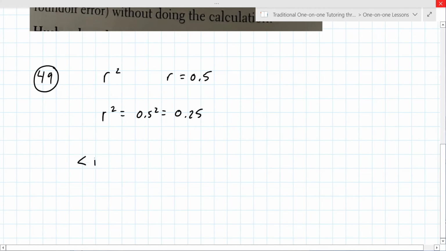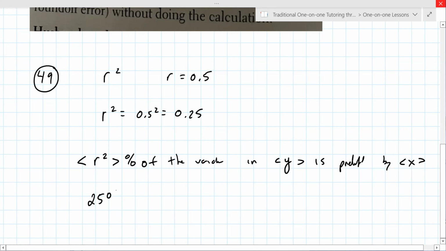You insert your value for r squared, and then it's usually as a percent of the variation in y is predicted by x, I think is what they use in the textbooks. So you would say 25%, because your number is 0.25 of the variation.